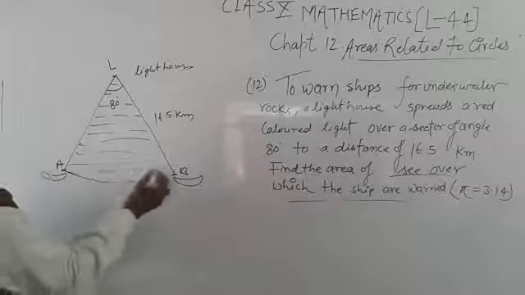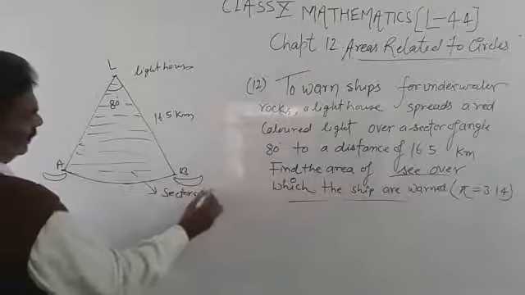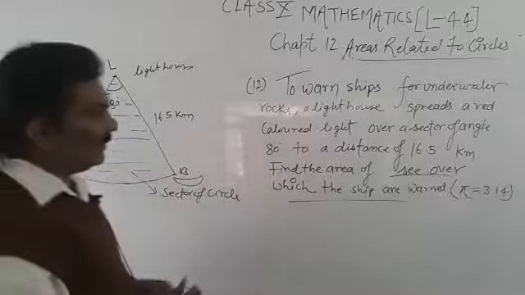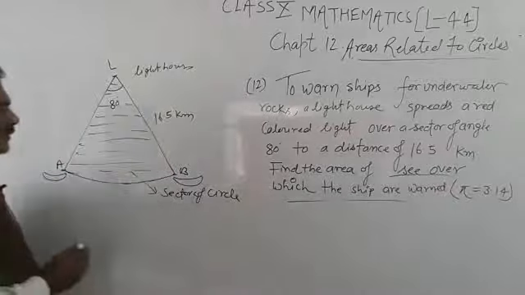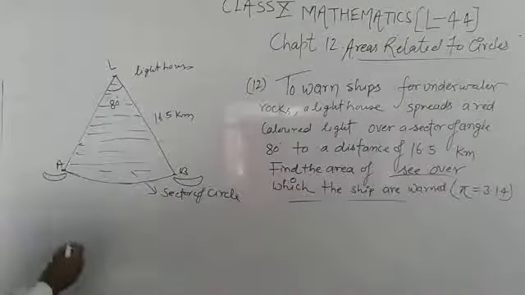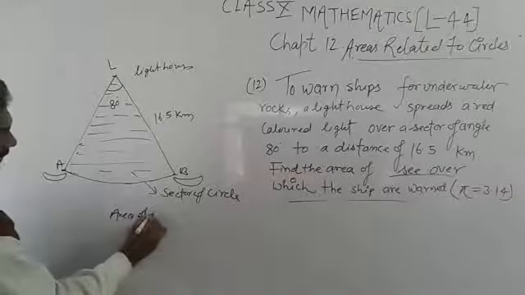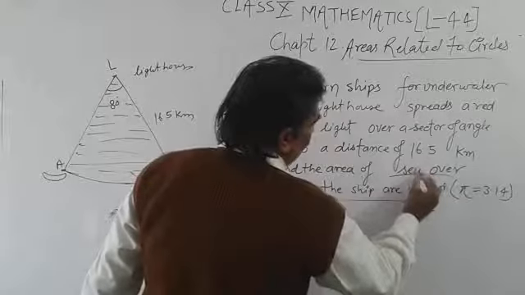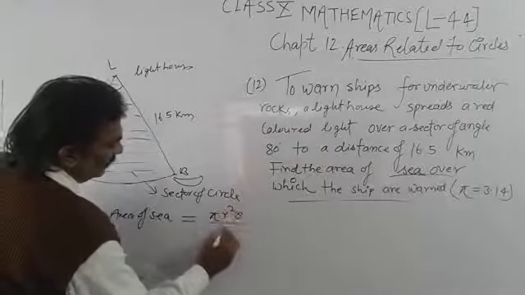So this diagram is like a sector of a circle. So students, to find the area covered, we will use the formula of area of sector to find the area of sea over which the ships are warned. So area of sea is equal to pi r square theta upon 360.